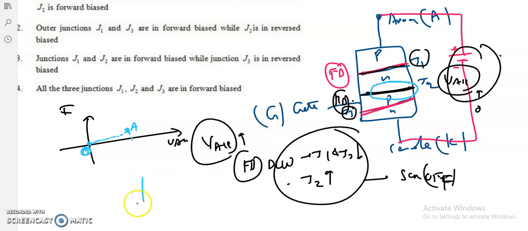We know that in the reverse bias characteristics of a diode, if you keep on increasing the reverse biasing voltage up to a certain amount, only a minimum amount of current flows, that is called the leakage current.